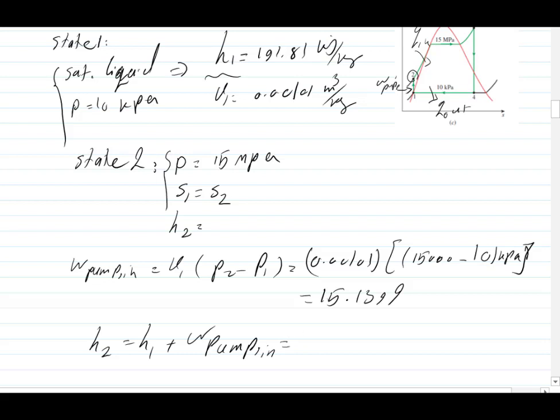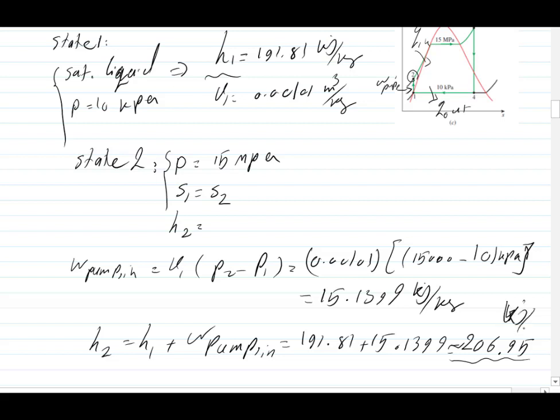If we just substitute the values, don't forget the unit for this one, h2 will be equal to h1, which is 191.81, plus this much for pump work, and the result will be 206.95 kilojoule per kilogram.